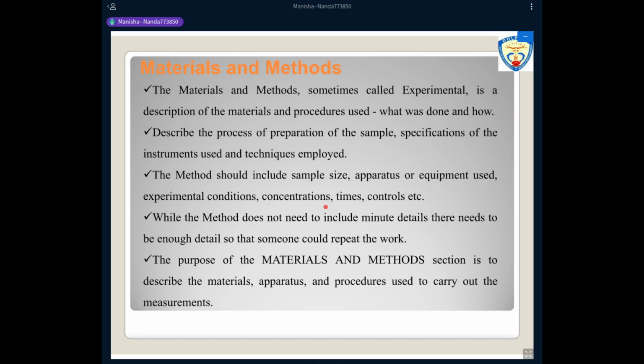In case you miss all these details, nobody is going to refer to your research, and it will not be useful to anybody. While the method does not need to include minute details, there needs to be enough detail so that someone could repeat the work. The purpose of the materials and methods section is to describe the materials, apparatus, and procedures used to carry out the measurements.